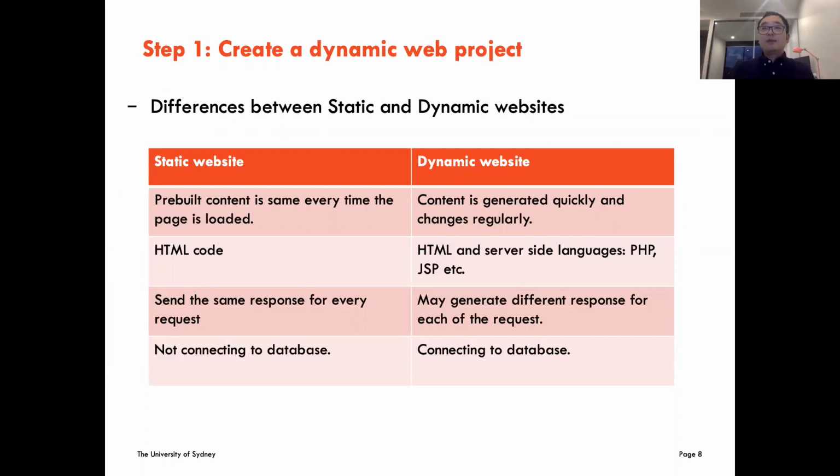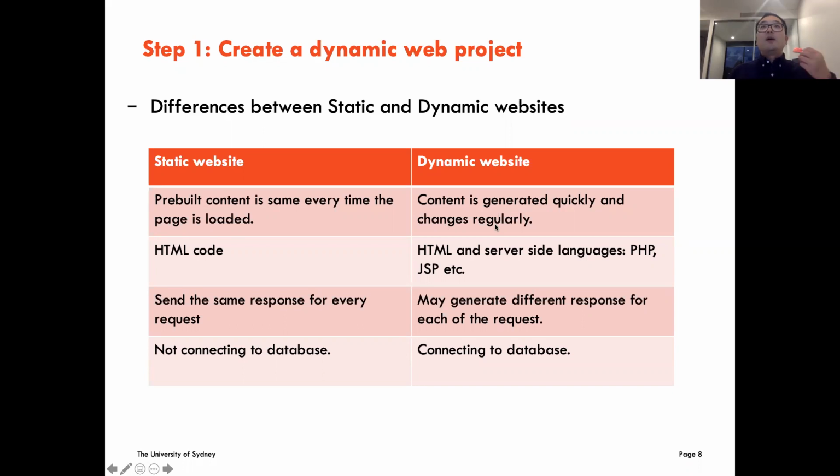and the dynamic website. So you can see that for static, most of the information in the website is pre-built content, and every time the user accesses this page, the information will be displayed the same. But for the dynamic, the content is generated quickly and changed regularly.